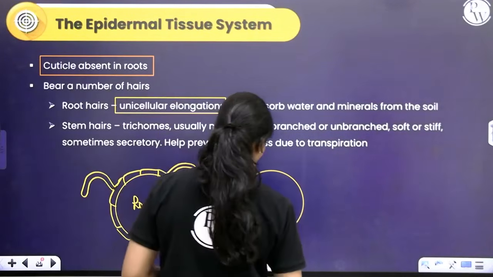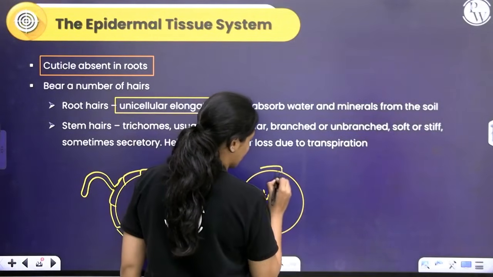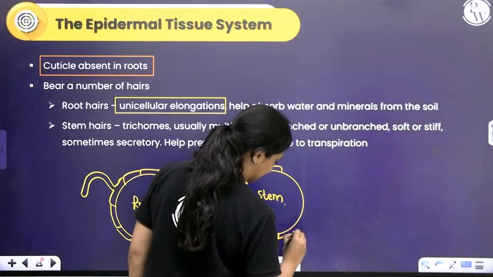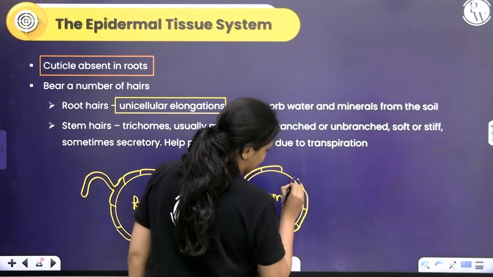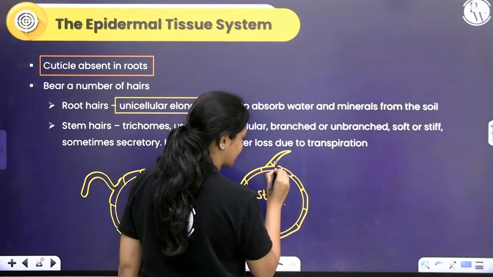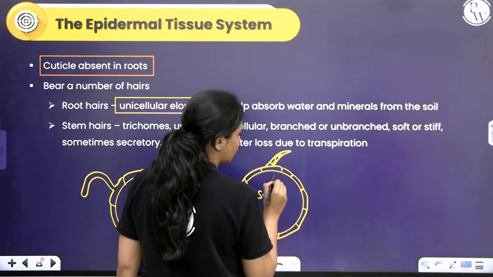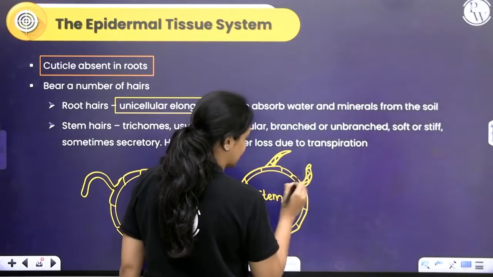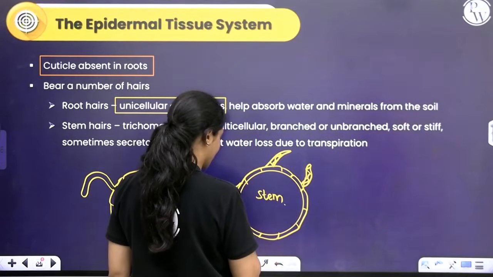Talking about stem hair. In the stem also, from the epidermis, which is the outermost layer, in many cases you see that the stem has hair, right? On the stem, hair will arise. You call them trichomes. Now the difference between root hair and trichomes is obviously its location.